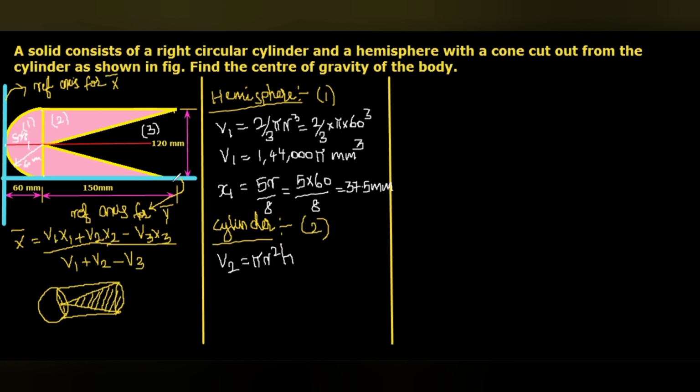Radius of the cylinder, here you can see this is the common radius for hemisphere, cylinder, cone, everything same. And then the height of the cylinder will be 150 mm. So pi radius 60 square multiplied with the vertical height. That means here it is horizontal 150.